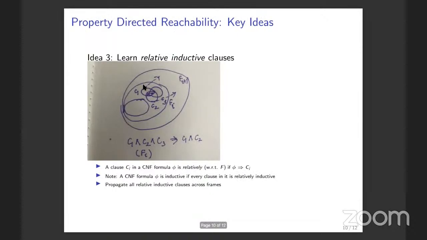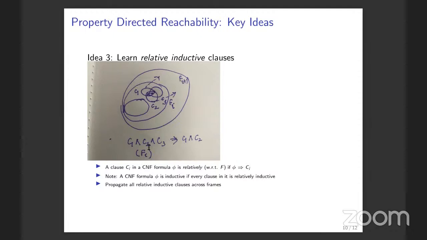But this one is a way to forward propagate clauses. So the backward phase propagates clauses, and the forward propagation propagates clauses in the forward direction.